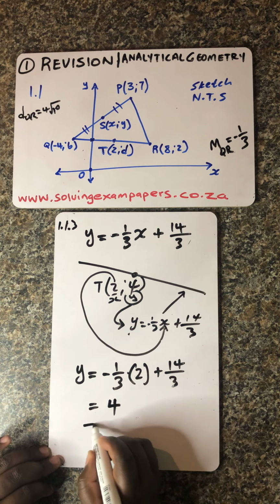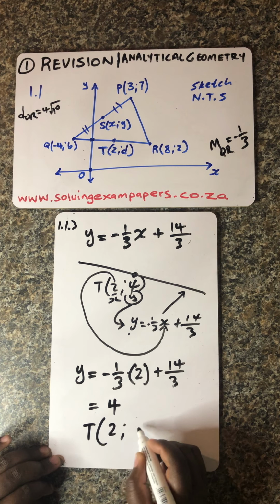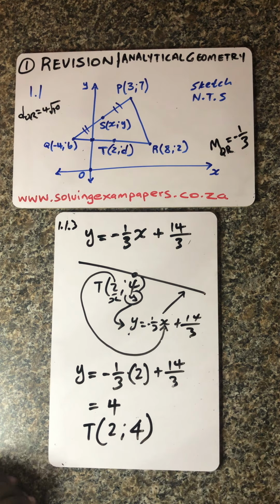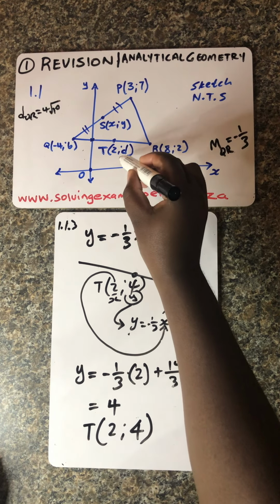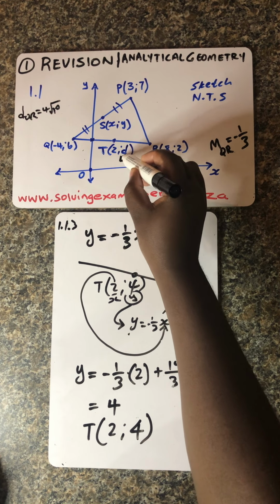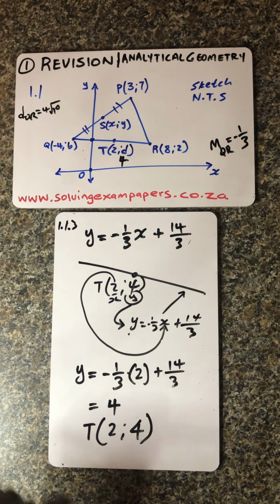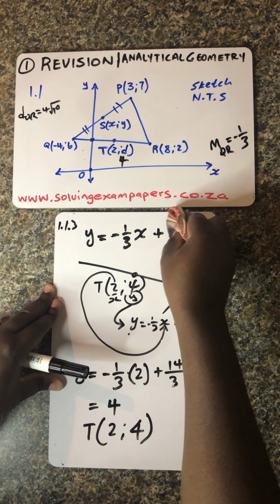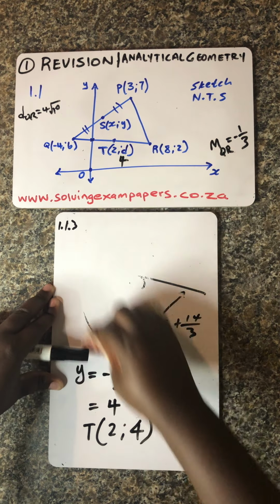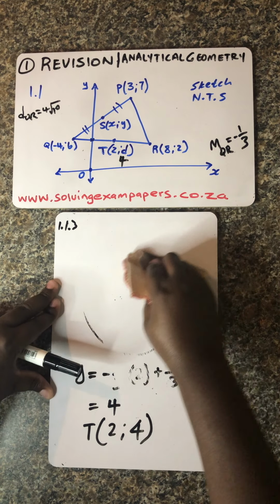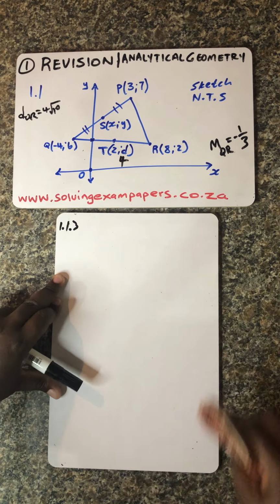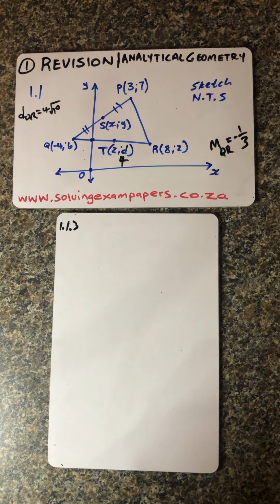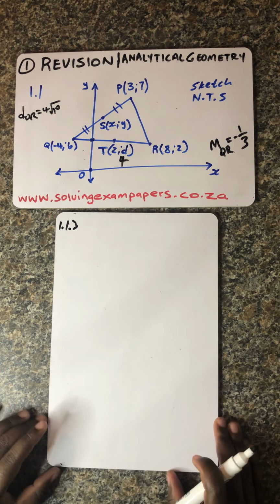Then guys, you can just say T is (2; 4). Very, very important, ladies and gentlemen. In this way, you are going to score maximum marks. So now let's just put 4 over there. Okay, so guys, in case you are in an exam and they don't want you to write on the question paper, you can just do your rough sketch and write all the values that you get on your rough sketch, just so that you can easily refer to the values in case you need them.